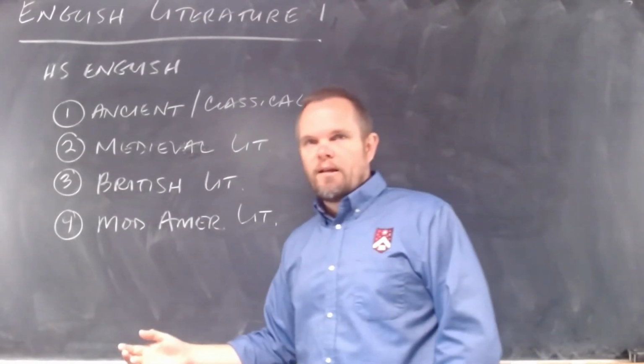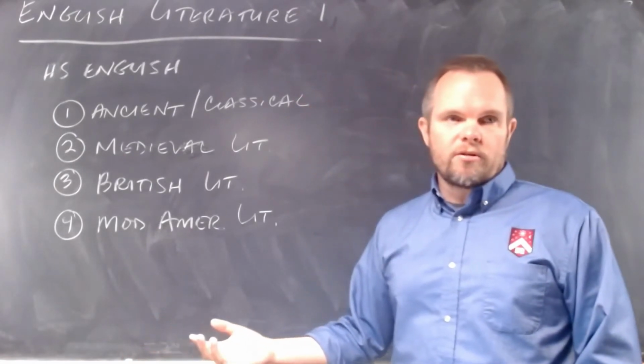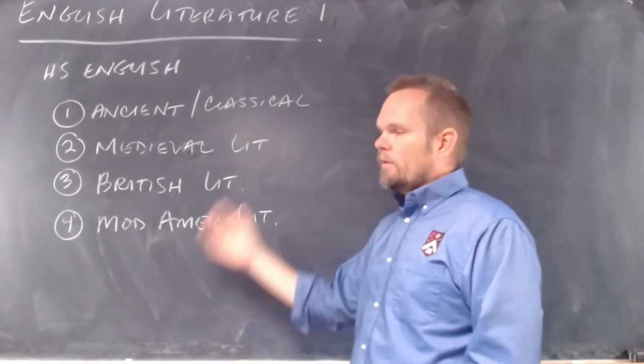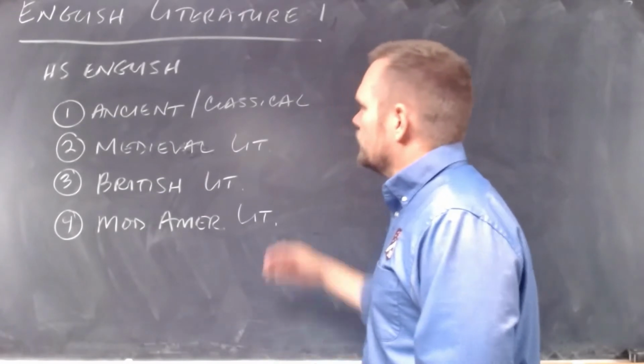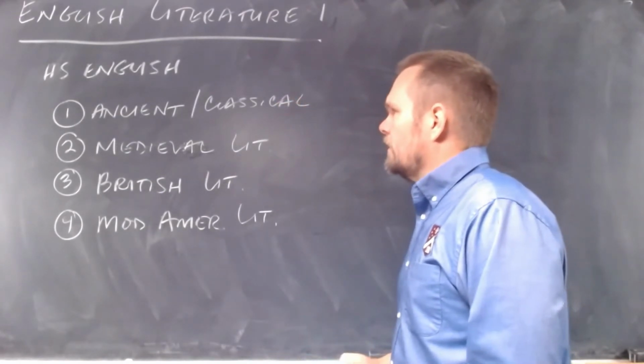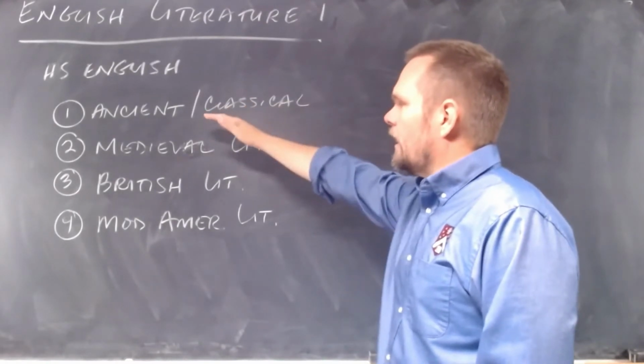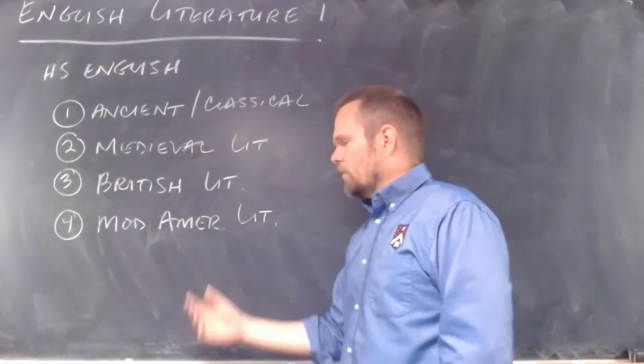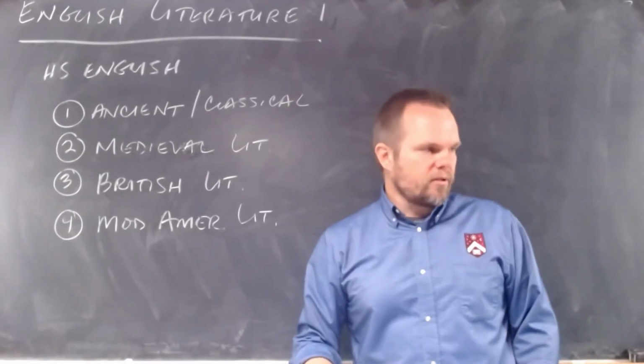All right? And there's a lot of value in those original languages, but we're not going to do that in this course. What we're going to do is study important English translations that allow us to learn the content of these works, but also study English literature. Okay?